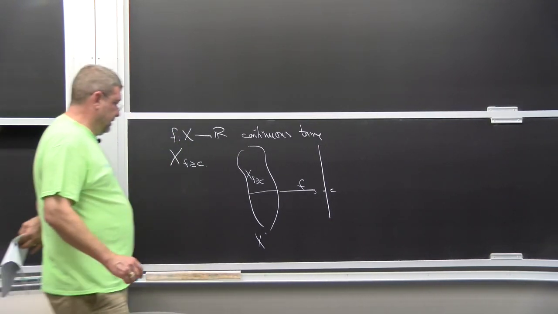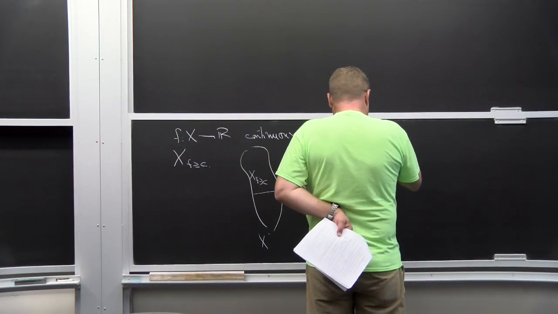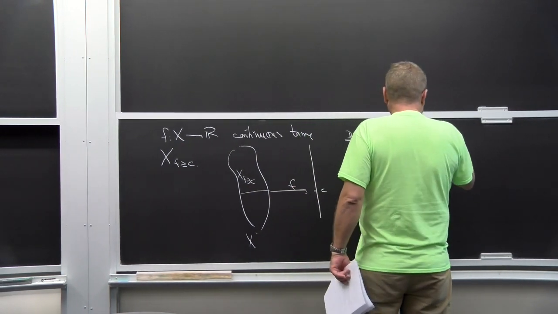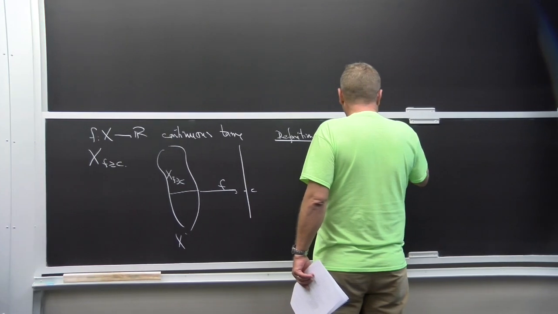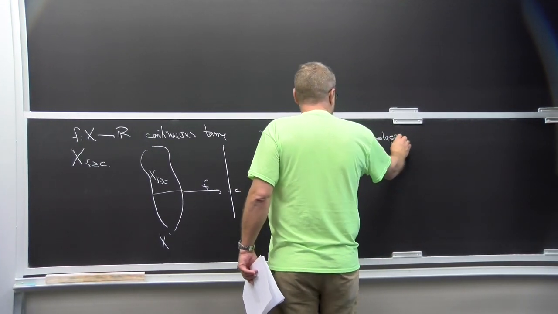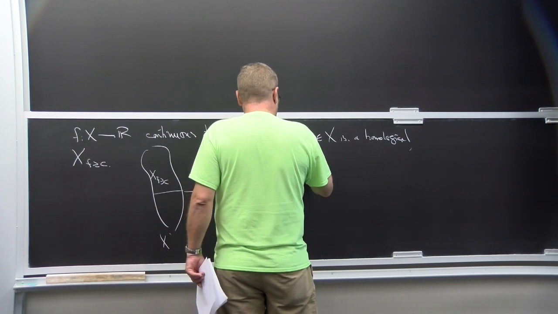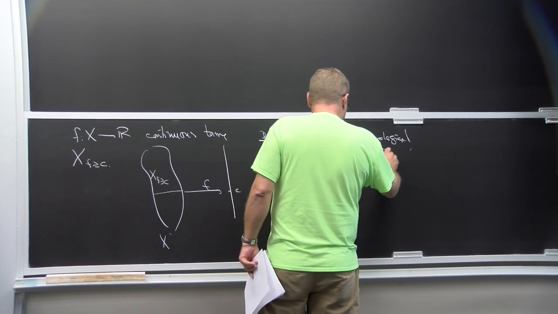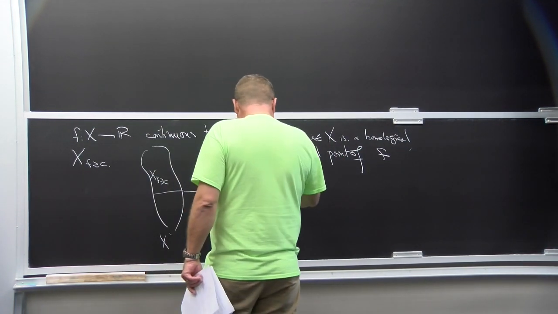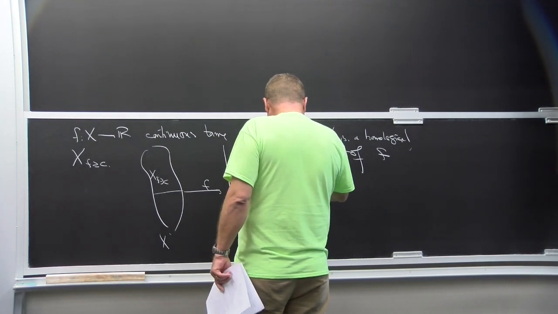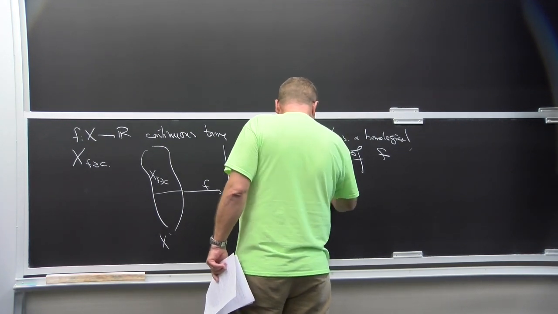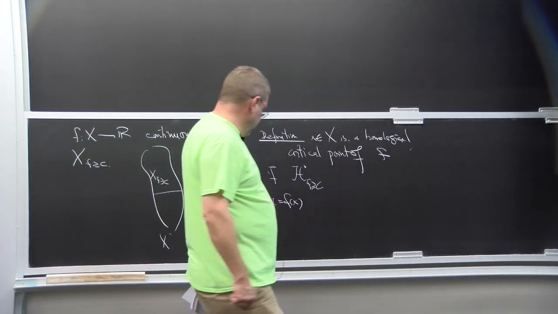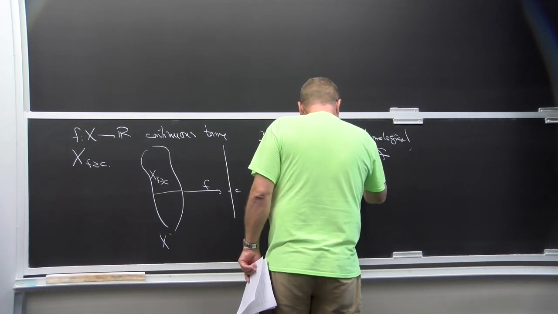So the first definition: x in X is a homological critical point of f if the local cohomology sheaf with respect to this set {f ≥ f(x)}, at the point x, is not zero.